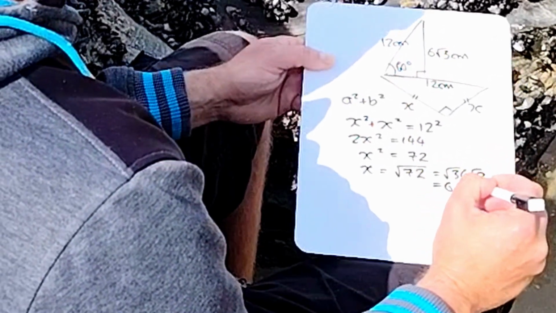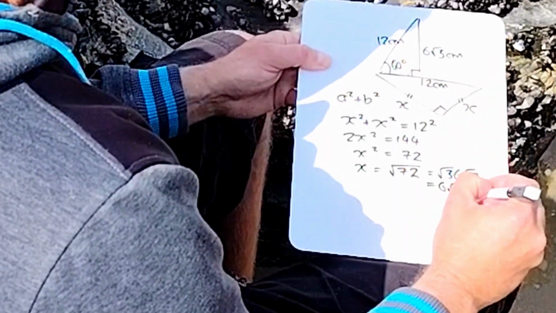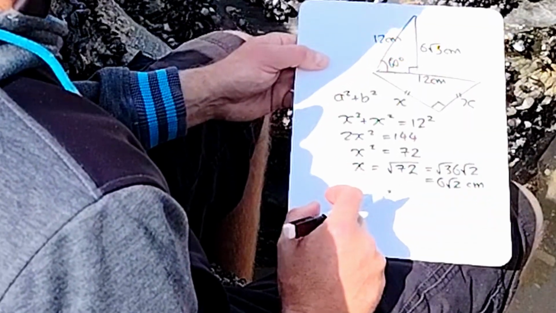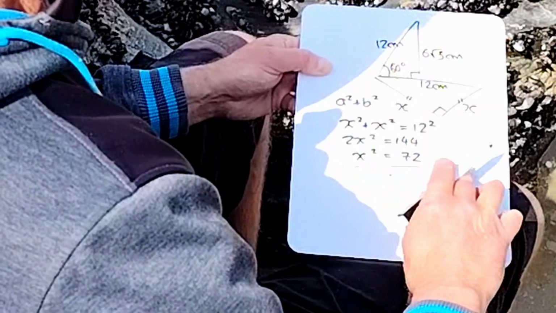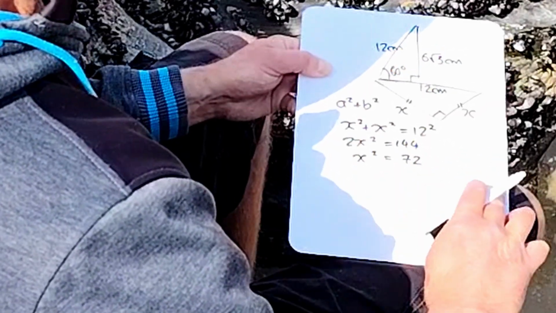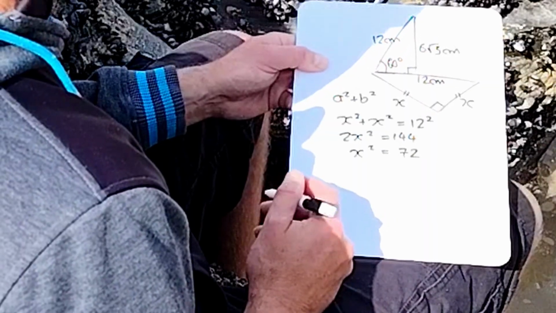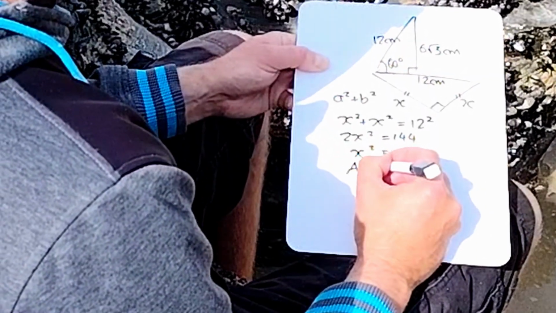But we don't actually need to do that, because what we need to eventually find is the area of the square, the base. So we're just going to square x, so we can erase that line and just keep our x squared. So we know that's the base area of our square-based pyramid.